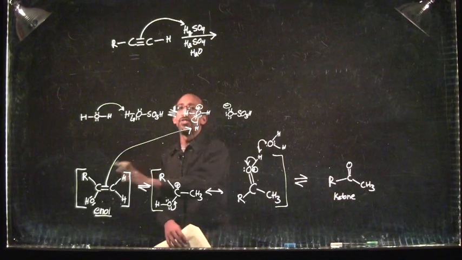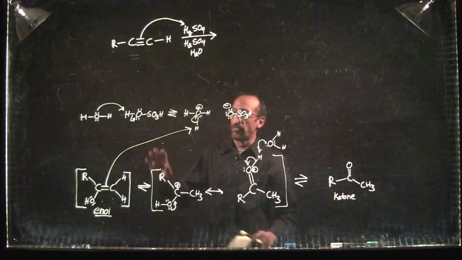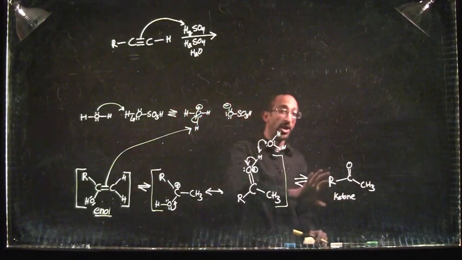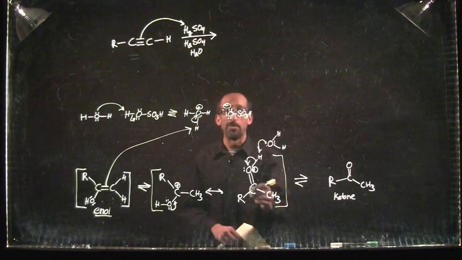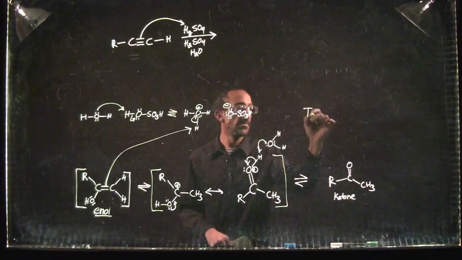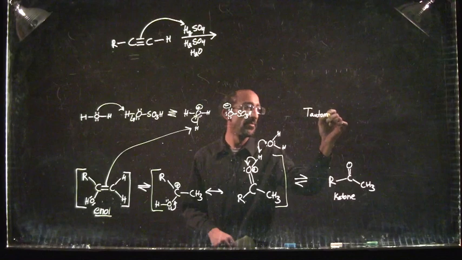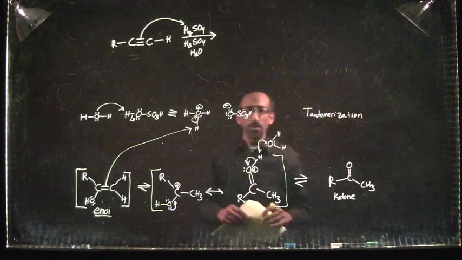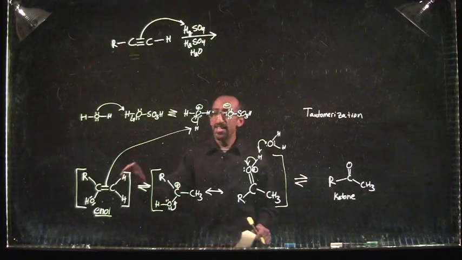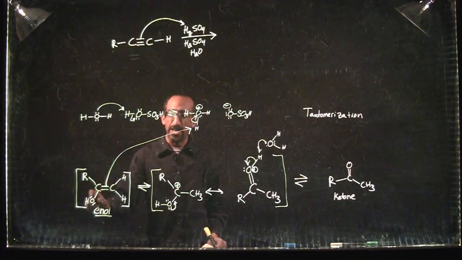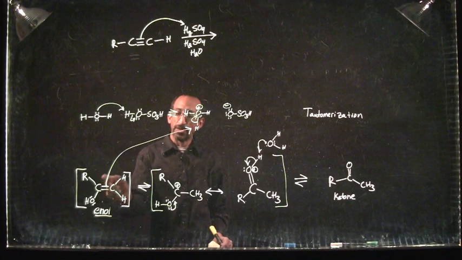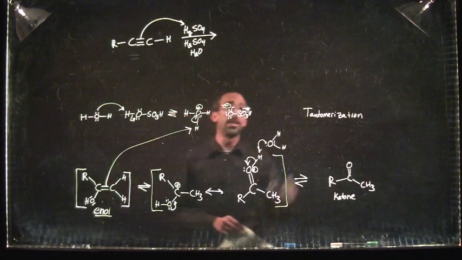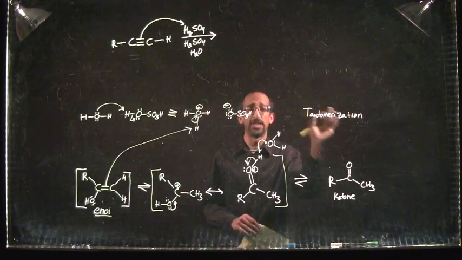So this process that you see here, going from an enol to a ketone, is called tautomerization. Outside of phenols, anytime you see an OH directly attached to an alkene, you should immediately think tautomerization.